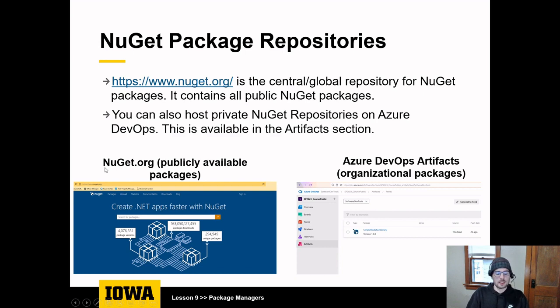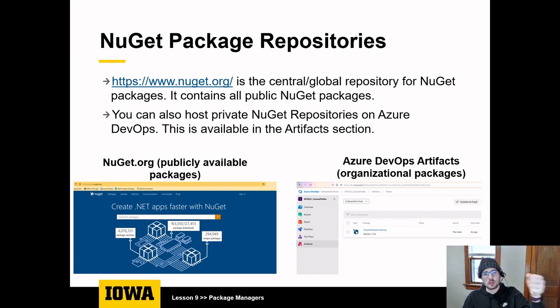NuGet.org is the public central repository for sharing code across the world, right? Anyone can go to NuGet.org to find the packages they want and reference those packages in their library. And so that's the main one.